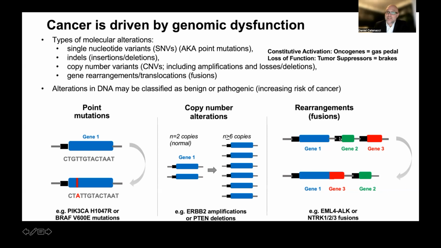So going back to the central dogma of biology, where DNA is transcribed to RNA and translated to protein normally, if you get changes in the DNA, this can then lead to altered function of the proteins, either overactivation of oncogenes or loss of function of tumor suppressors.